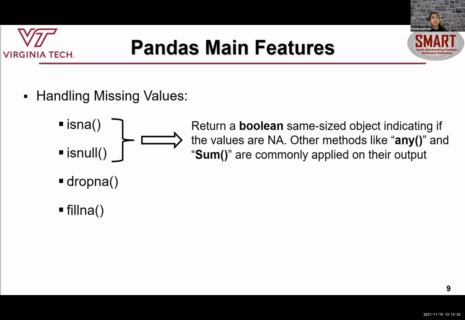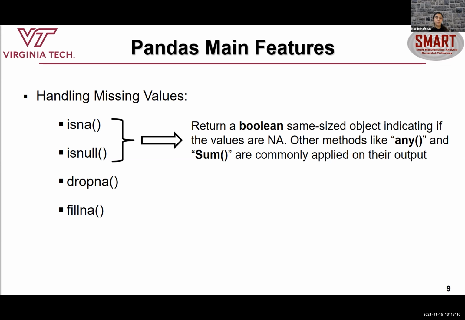Next, what you can do with a data frame inside of Pandas is to handle the missing values. First of all, you need to know if there is any missing value and how many of them there are, or which columns have missing values. In order to do that, you can use isna or isnull. Both of them do the same thing. They are going to return a Boolean object of the same size that indicates, for each of the values, whether it is a missing value or not.